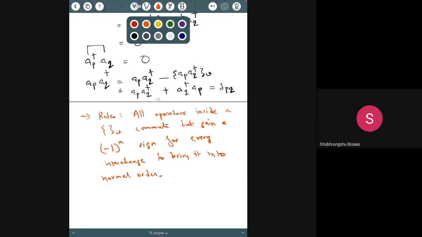What is the importance of the true vacuum here? The importance of the true vacuum will actually come a little bit later. Depending on the vacuum that you choose, the actual order of operators, which is called normal ordering, is different.